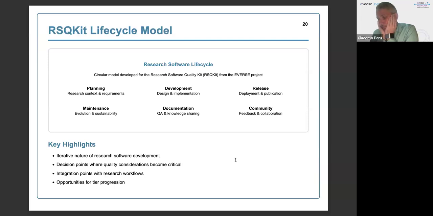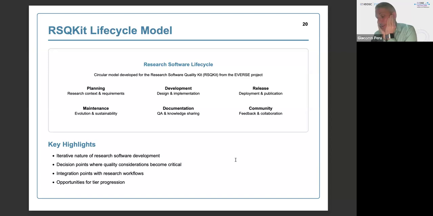So, the research software lifecycle developed for the Research Software Quality Kit provides an alternative circular model emphasizing the connection between research and software aspects through 6 integrated stages.